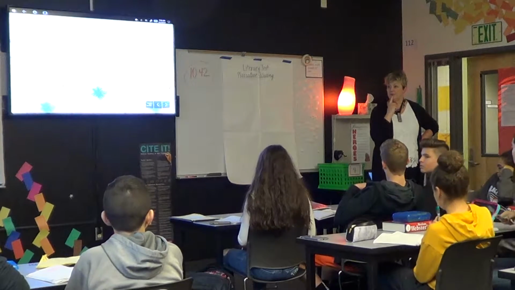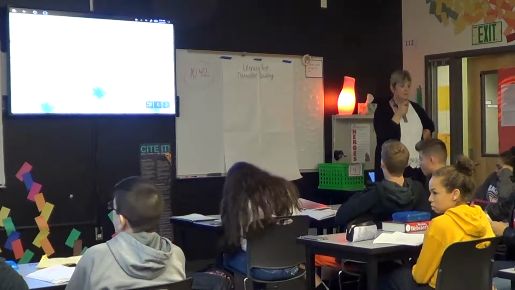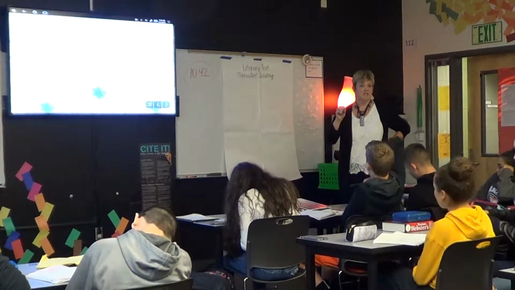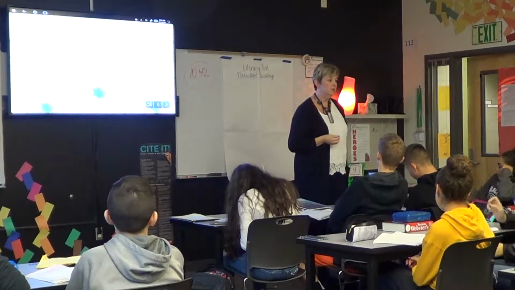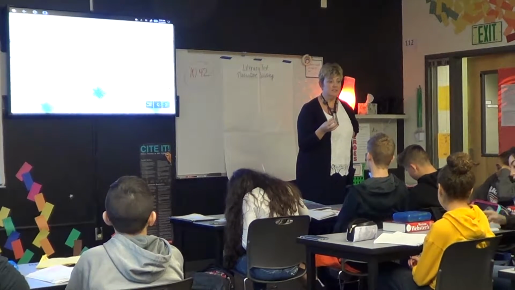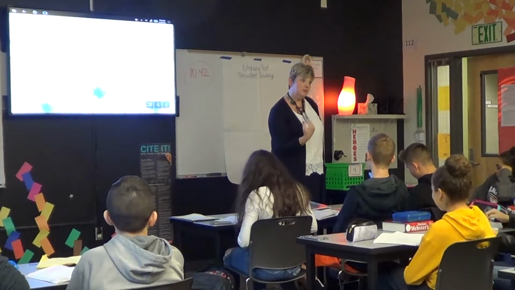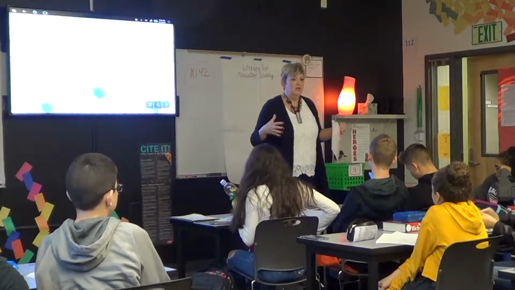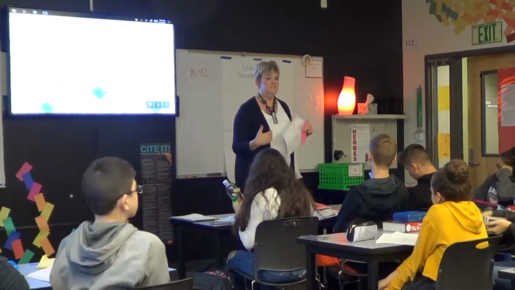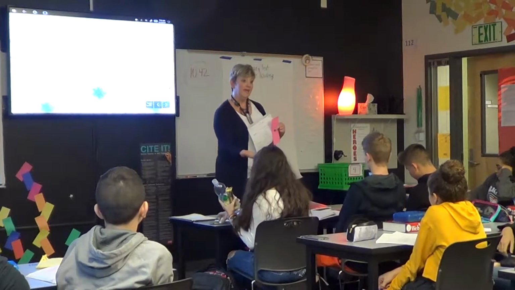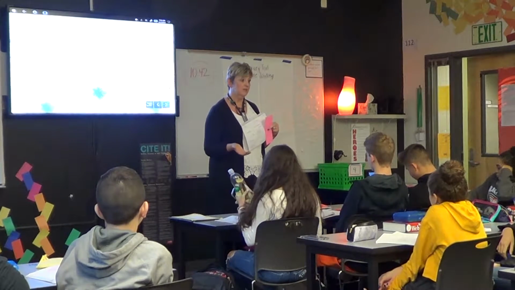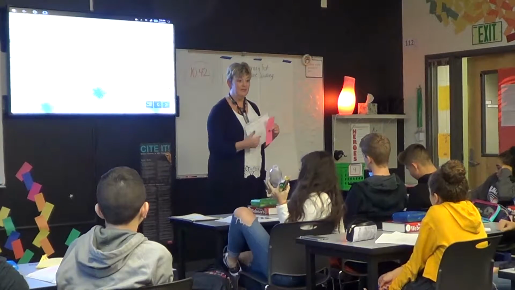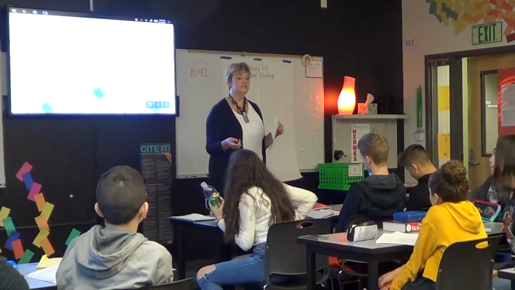Which one's the main character? The protagonist. Good. And I like how he said the antagonist is the opposition to the protagonist. So we could have a character in opposition, or we can have some abstract idea. Like our protagonist is facing racism within his community. That's the antagonist. It doesn't have to be a character. Absolutely. Wait, Isaiah has one more thing.